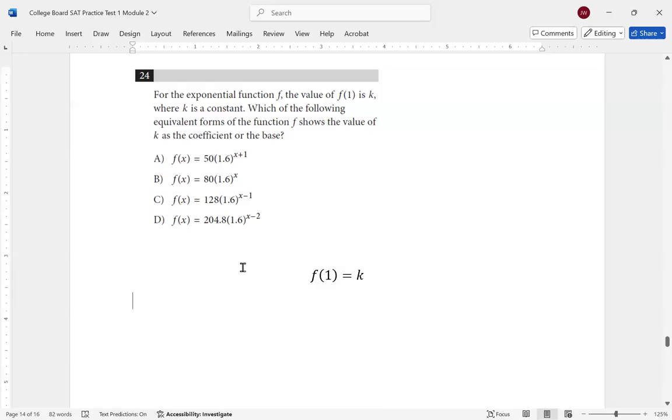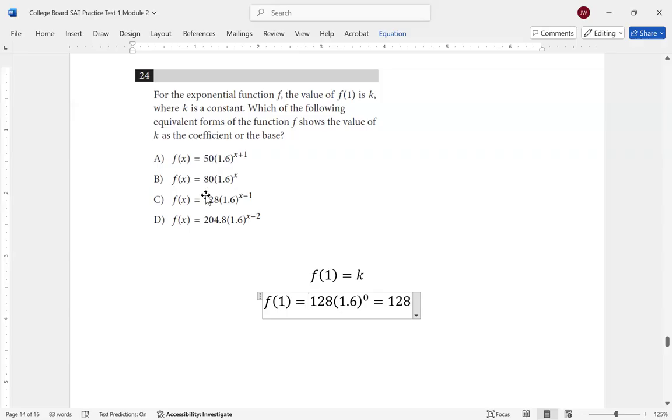And the answer is option number C. Because notice that when you plug in 1, you get 1 minus 1 as an exponent, which just gives you the coefficient, right? Because 1.6 raised to the 0th power is going to be 1, so you end up getting 128. That's what you end up with when you plug in 1 into the function.